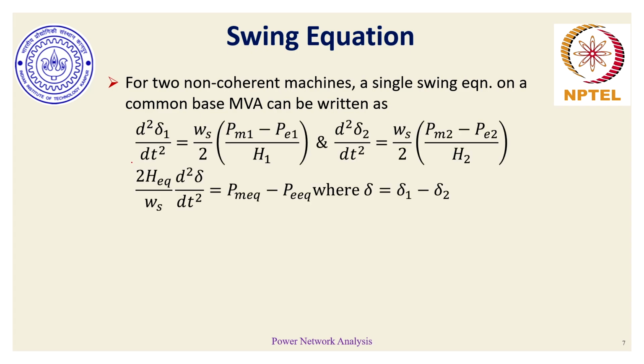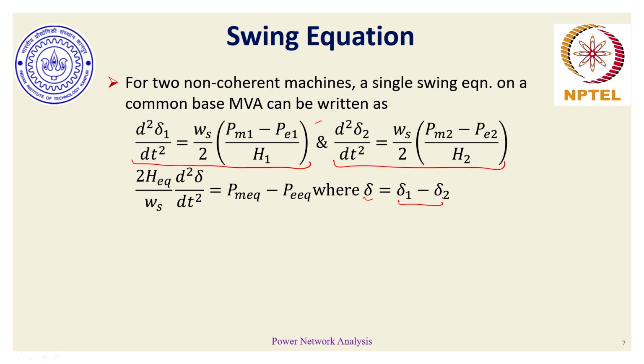We write, first of all, the respective swing equation of every such non-coherent machine and take the difference of these 2 equations on respective RHS and LHS terms. So basically, the delta term is delta 1 minus delta 2.